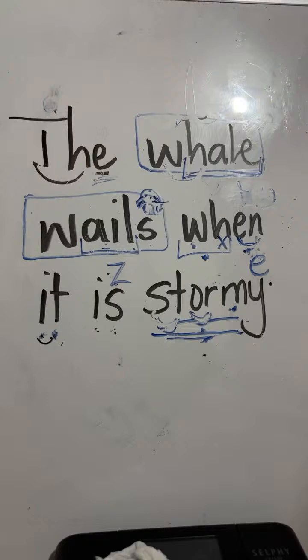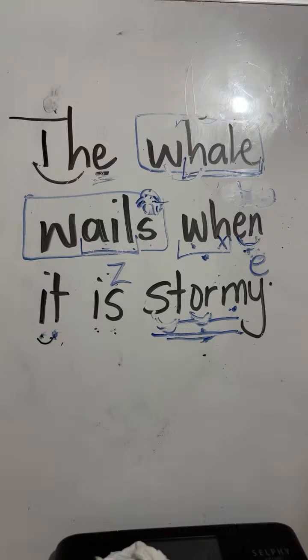So when there's a storm, the place gets very wild. Lots of wind, rain, thunder, lightning. Sometimes you may have one, sometimes two or three. It depends on what the weather is like.